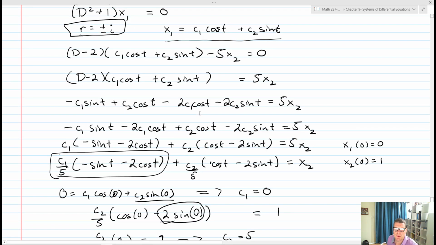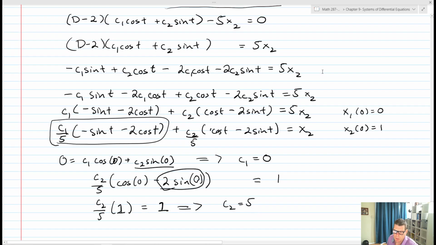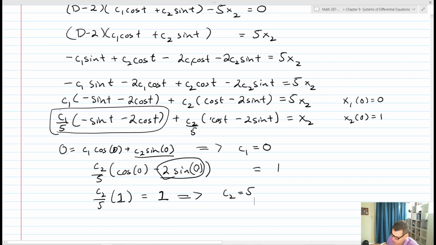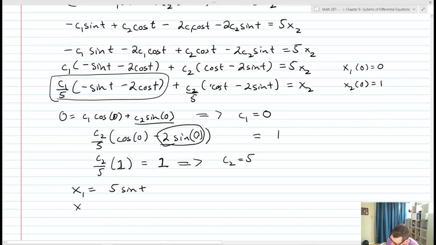So I go back up to x1 just to see what it is. x1 is c1 cosine t plus c2 sine t. Well, c1 is 0, so x1 is just going to end up being equal to 5 sine t. And x2 will then be just the second part, because c1 again is equal to 0.